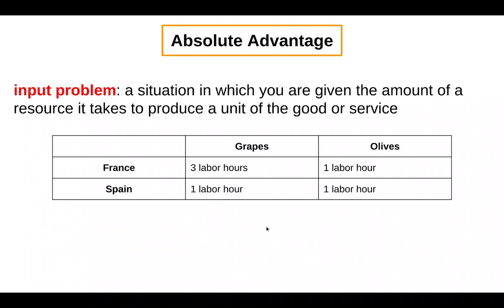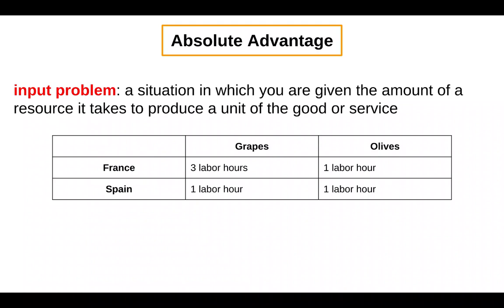So in this case, this is how many hours, man hours or labor hours, it takes to produce some unit of grapes or some unit of olives. France takes 3 labor hours to do grapes, 1 for olives. In Spain, they need 1 labor hour to make the same amount of grapes, 1 labor hour also to make a certain amount of olives.